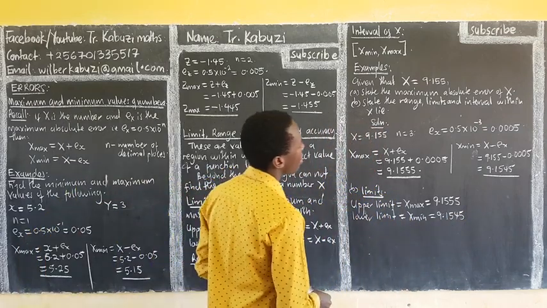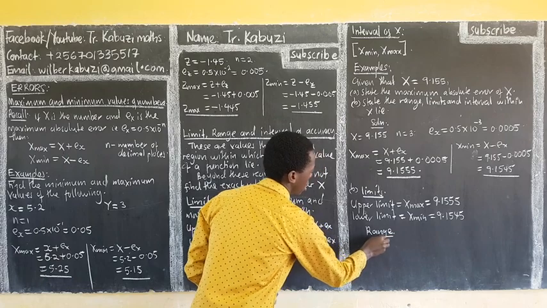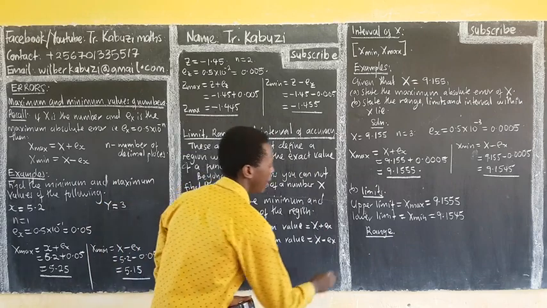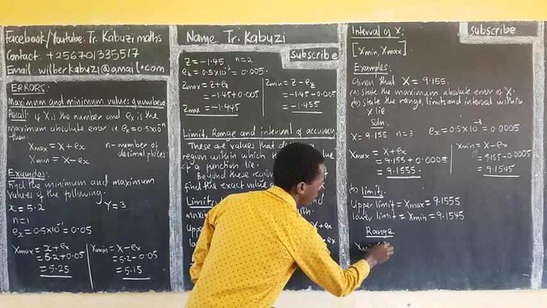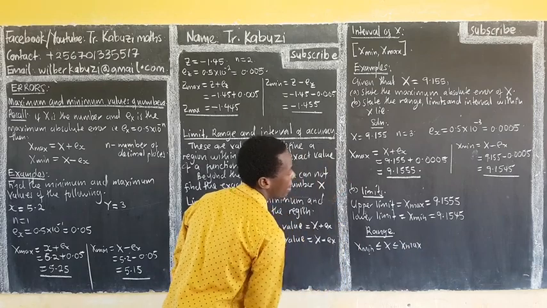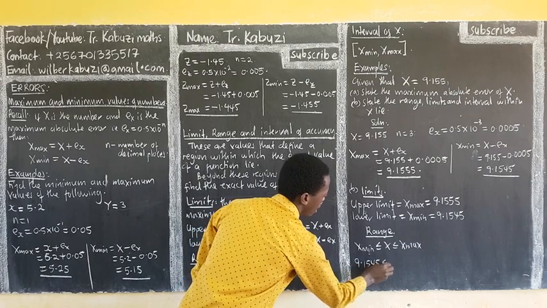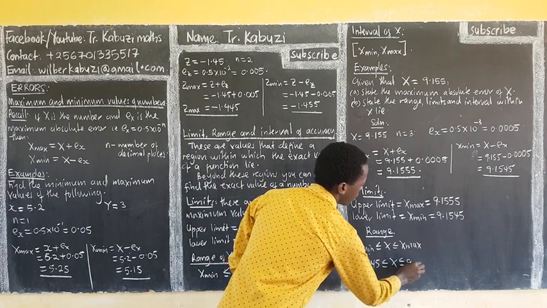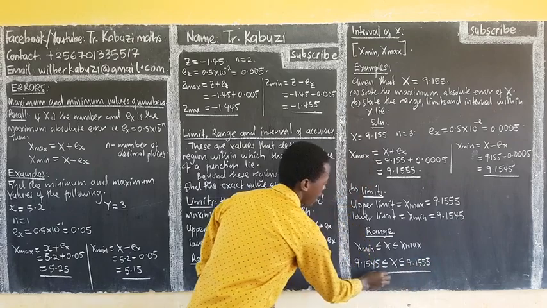Then when we come to our range, we give our range in this form: x min is less than or equal to x, which is less than or equal to x max. Our minimum is 9.1545, and our maximum is 9.1555. That will be our range.